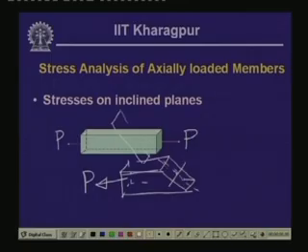The resulting force, or the stress resultant, will be acting in this particular direction to equilibrate the body.